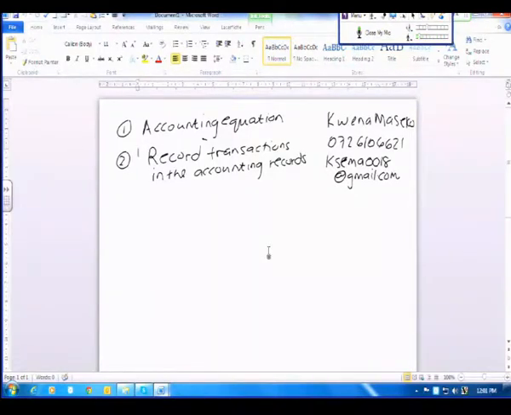All right, so these are the two things that we're going to do. Our magical accounting equation is as follows. We say assets are equal to equity plus liabilities.